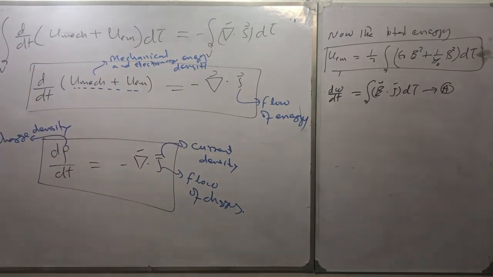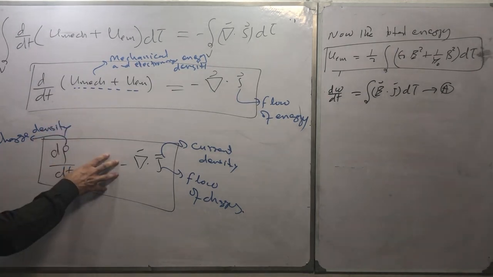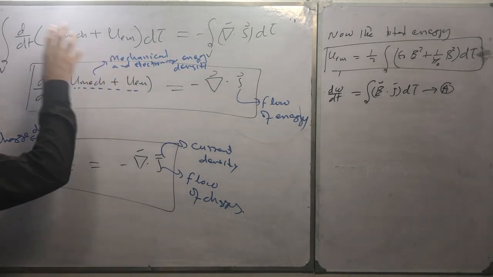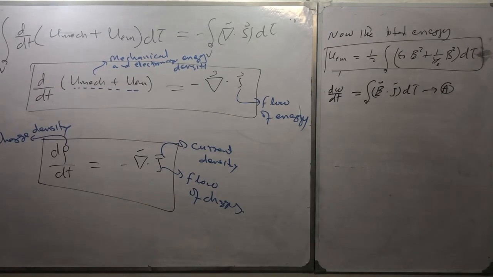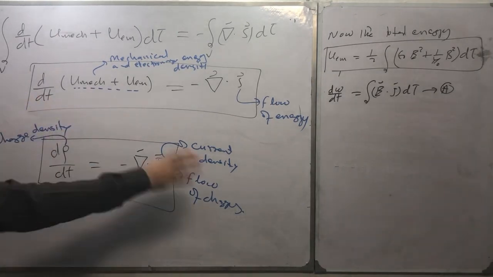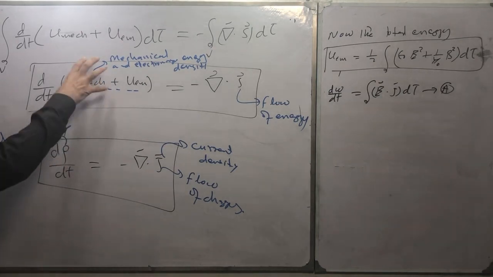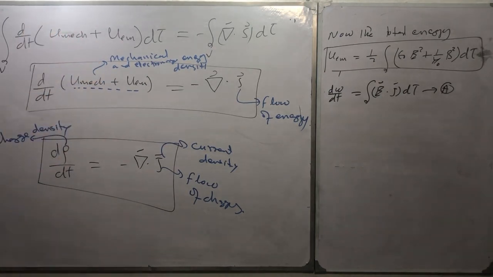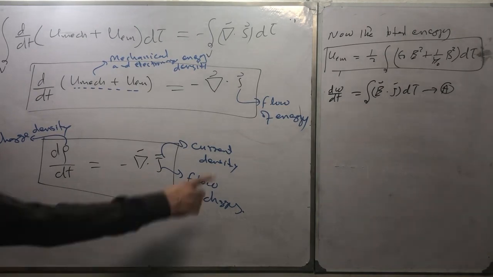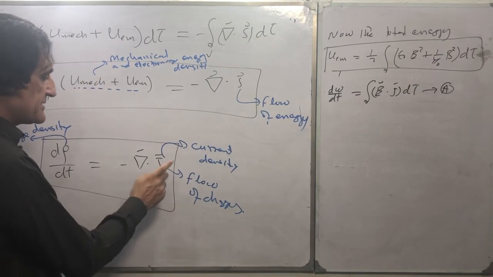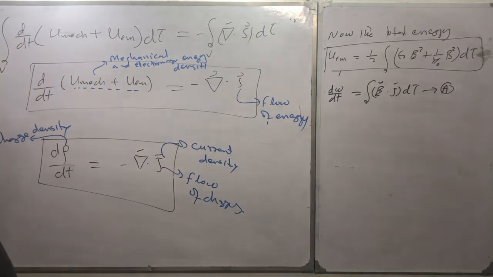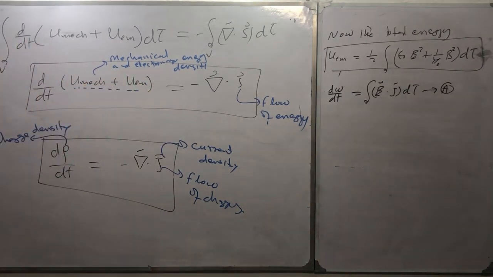So these two equations resemble each other closely, because this is the continuity equation for charge and this is the continuity equation for energy. This is the charge density, and this is the mechanical and electromagnetic energy density. This is the flow of energy and this is the flow of charges. So there is similarity between these two equations.